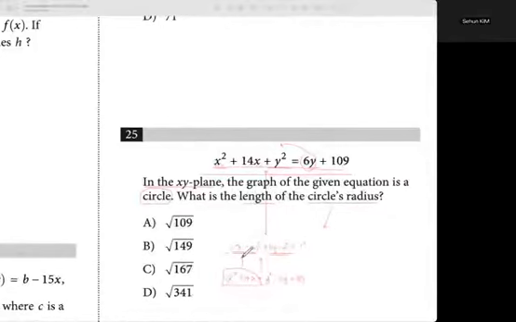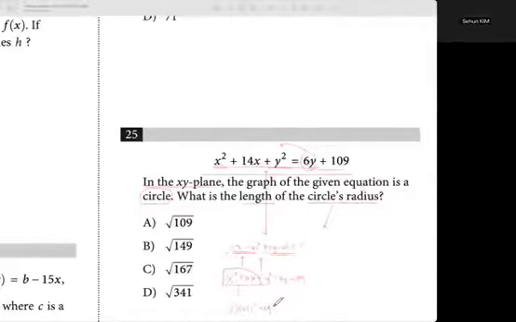So now we need to use the technique of completing the square. If you do that, you'll figure out that this will be (x plus 7) squared plus (y minus 3) squared.